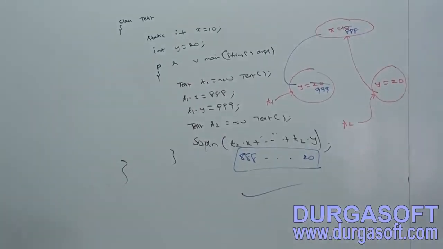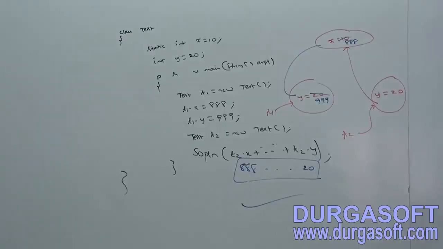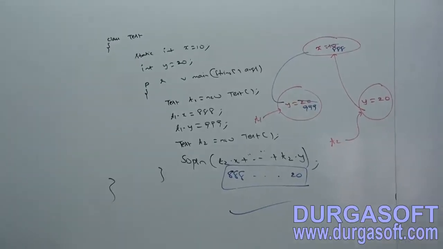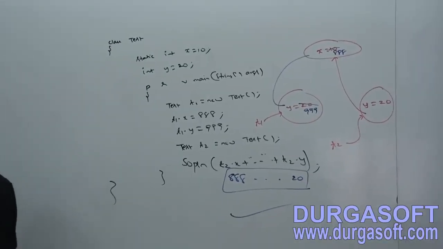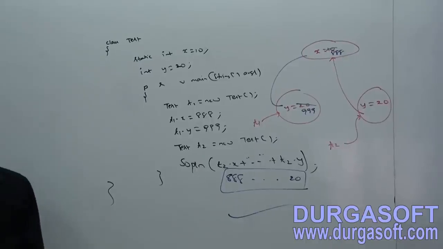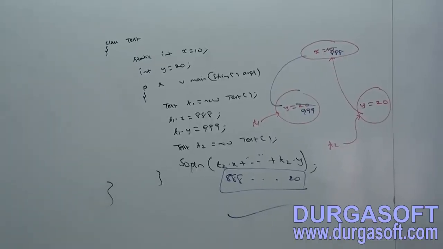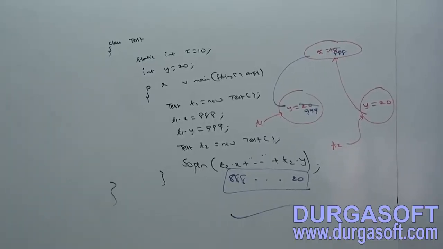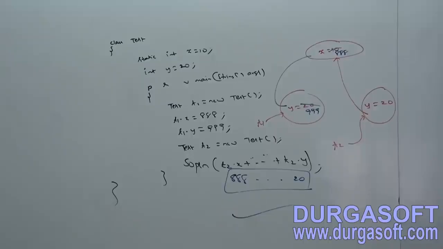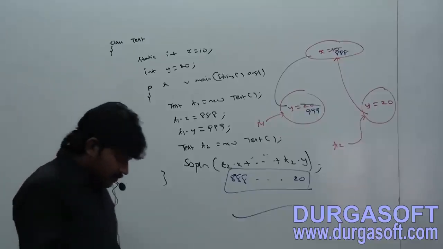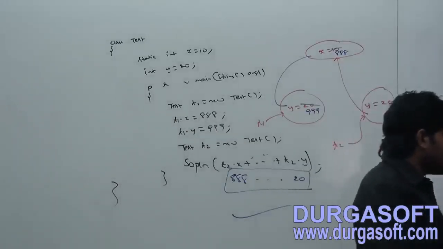Okay, take this point. Static int x is equal to 10, int y is equal to 20.